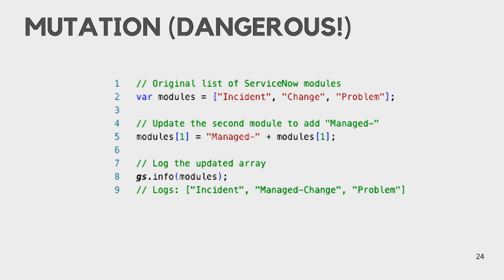Let's consider we have an array of ServiceNow modules and we receive a request from our manager to change the change module to manage-change. I need to update something in my module array by replacing the value at index 1, appending manage-hyphen to it, and reassigning it as the value at index 1. Now the module array appears different but is fundamentally the same.